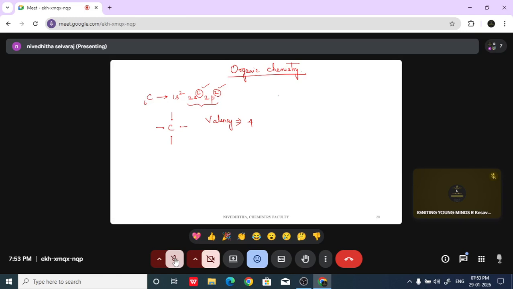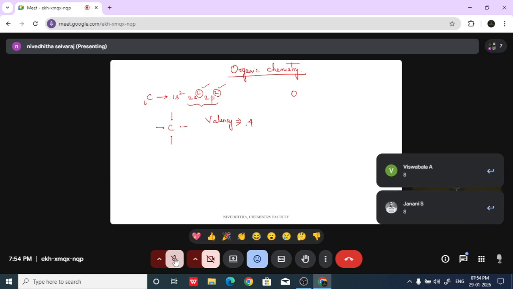We'll check for oxygen. Since we have found it for carbon, is it possible for us to check it for oxygen? What is the atomic number of oxygen? Yes, very good, it is 8.